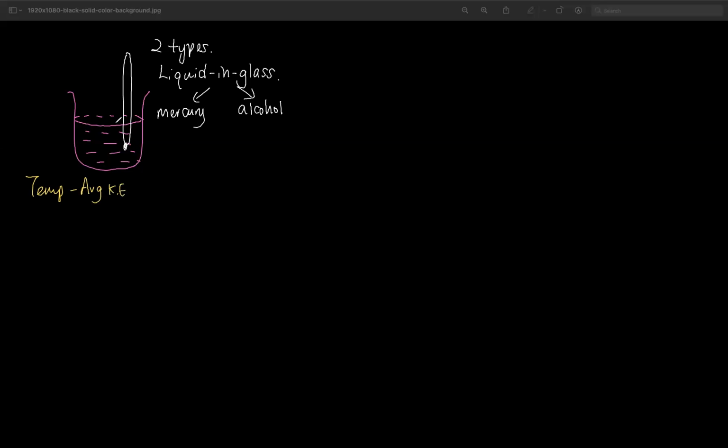So when you put it in, the vibration of the particles will transfer heat energy to the mercury inside the thermometer. What happened to the mercury inside? When the heat is transferred to the mercury, its temperature will increase, and when its temperature increases, then it will expand.